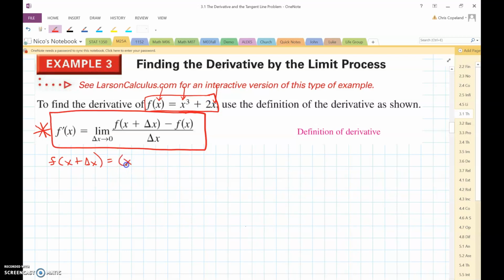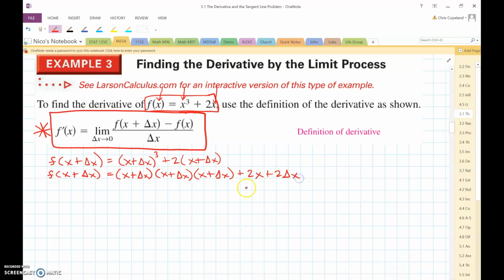So we're going to make this x plus delta x cubed plus 2 times x plus delta x. So f of x plus delta x equals x plus delta x times x plus delta x times x plus delta x. And I'll distribute the 2, multiplying that through, giving us 2x plus 2 delta x.